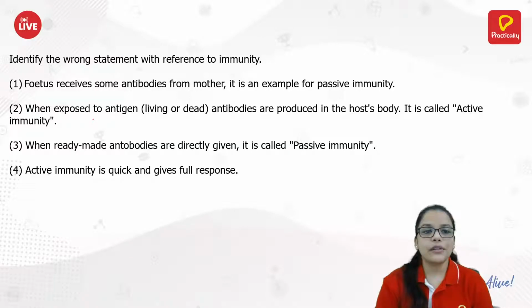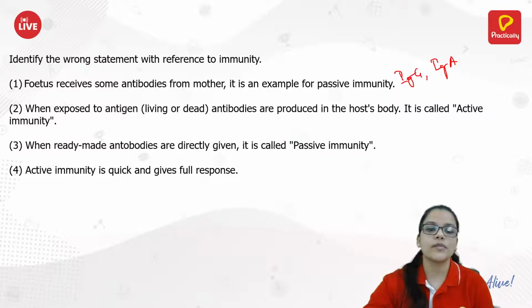Okay. Identify the wrong statement with reference to immunity. Fetus receives some antibodies from mother. It is an example of passive immunity, IgG and IgA, sometimes IgM also. When exposed to antigen, living or dead, antibodies produce in its host's body. It's called active immunity. Okay. When ready-made antibodies are given directly, it is called passive immunity. Exactly. Active immunity is quick and gives full response.